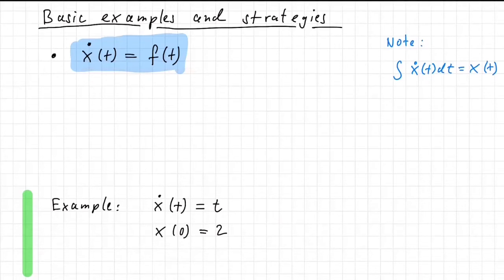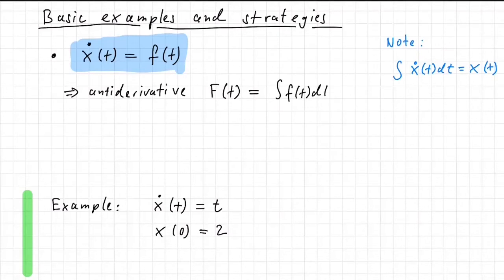So how do we do that in practice? We need to integrate the right-hand side, and to that end, let us define the antiderivative, capital F of t, which is given by the indefinite integral of f of t dt. So the integral where we don't put in explicit boundaries.